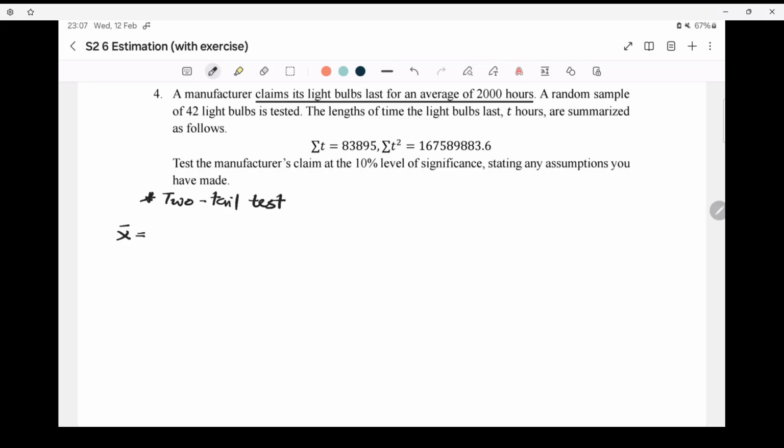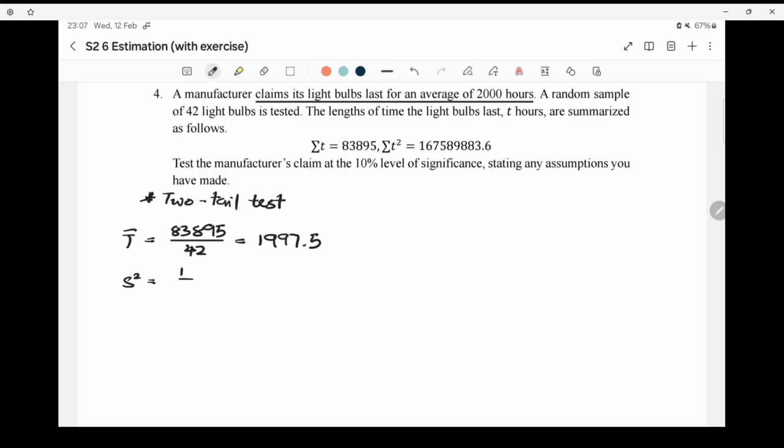Let's change the symbol to capital T bar. So that will be 83895 divided by the number of samples, which is 42, so it's 1997.5. So what is your S squared, the unbiased estimate of your population variance?